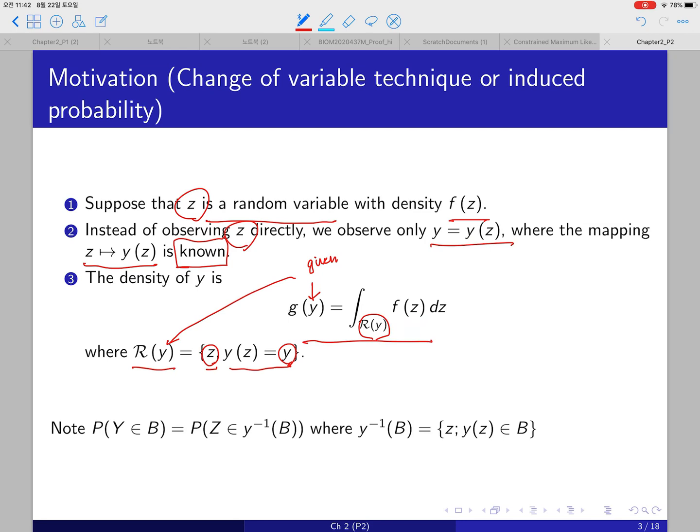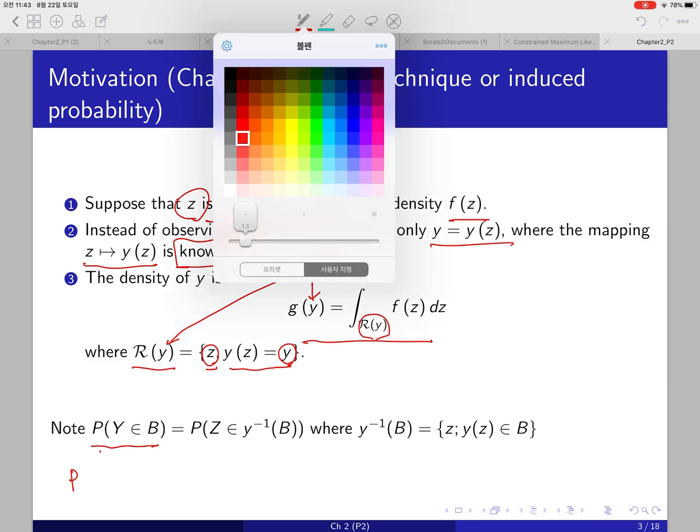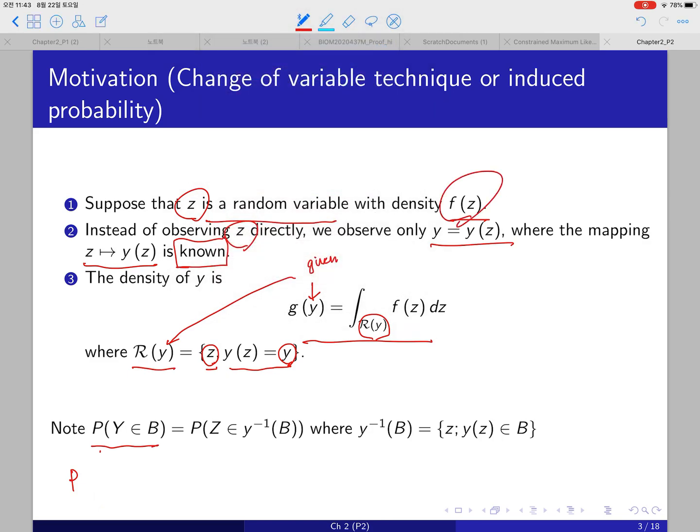How do you derive this? Because all you know is this one, this is actually the random event.